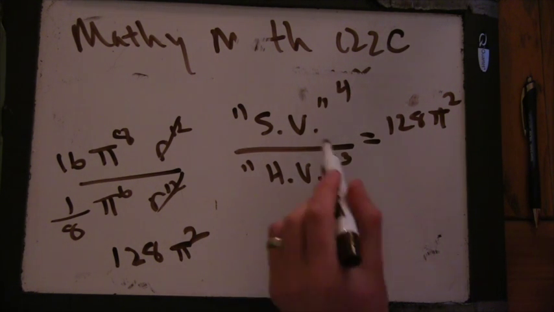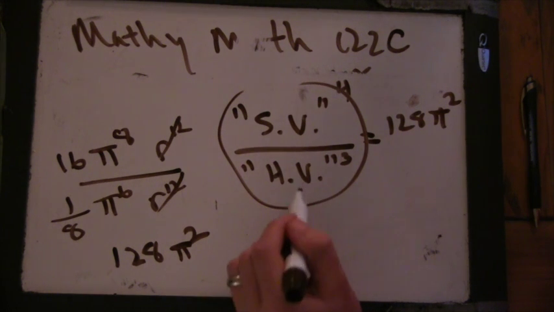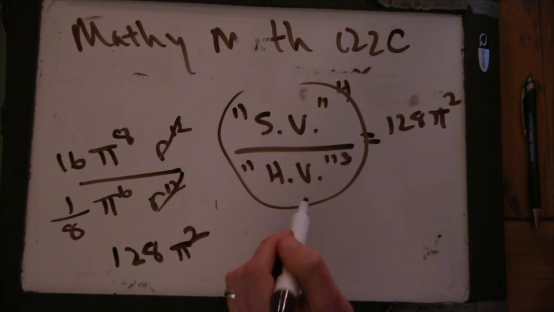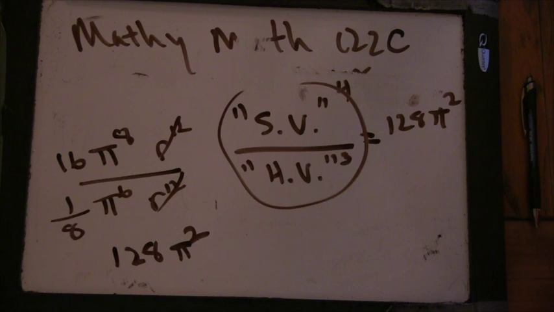I've got a cat going crazy in the background. So we're just going to have to take whatever this ratio is, divide it by 128, and then take the square root of the whole thing, and we'll have a good analogy in 4 dimensions for how hyperspherical some of these 4-dimensional shapes are.